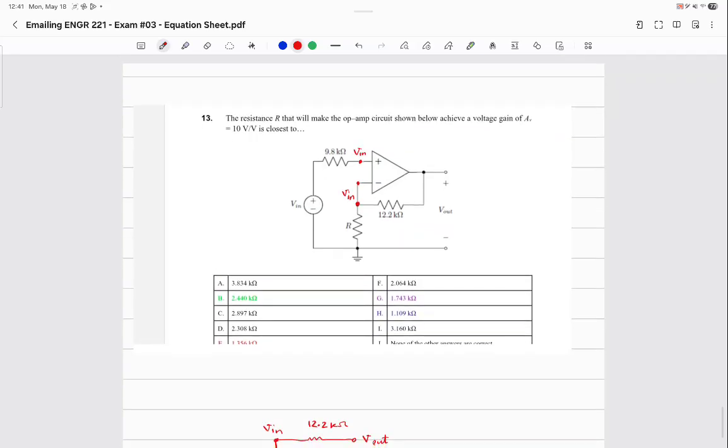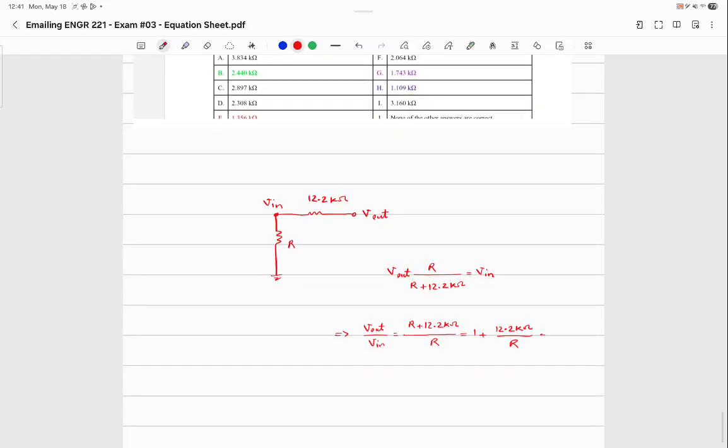Gain, right? It's equal to 10. So R is equal to 12.2 kilo ohm divided by 9. Do you have the value? It should be 1.356.